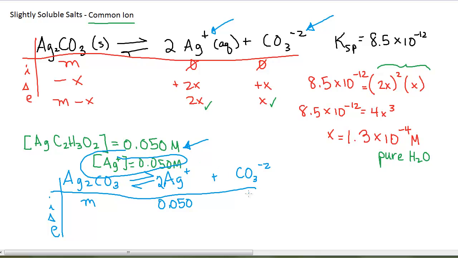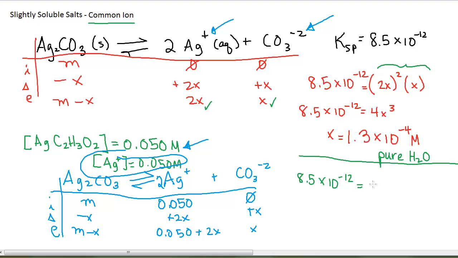It's 0.05. My carbonate is still 0. If I finish filling out my ice table, I end up with this. Now the math looks like this. Now my 8.5 times 10 to the minus 12 is equal to the concentration of the silver plus 1 ion squared.